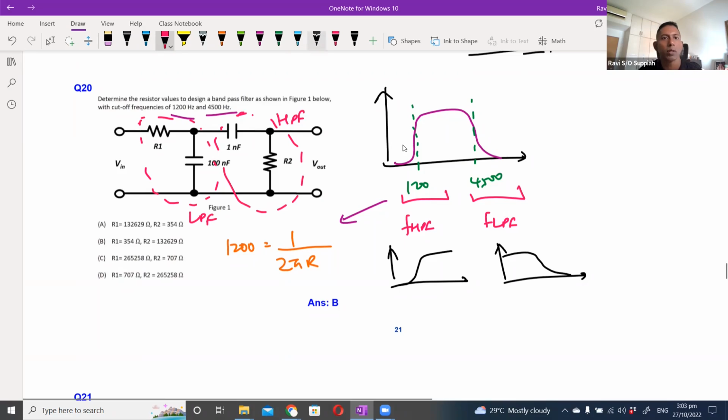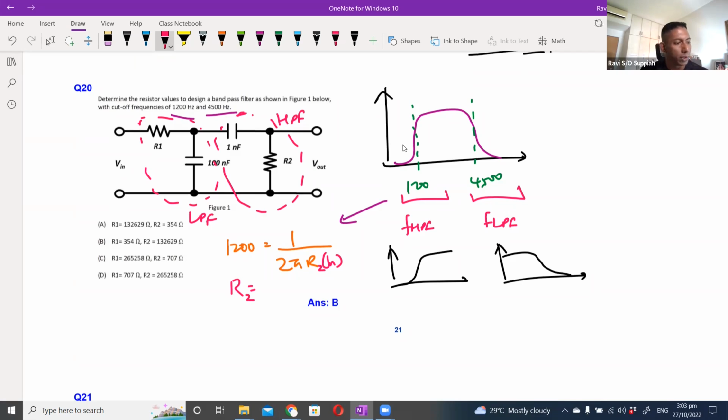So in this case the C is your 1 nanofarad of the high pass filter, and you're finding R2.